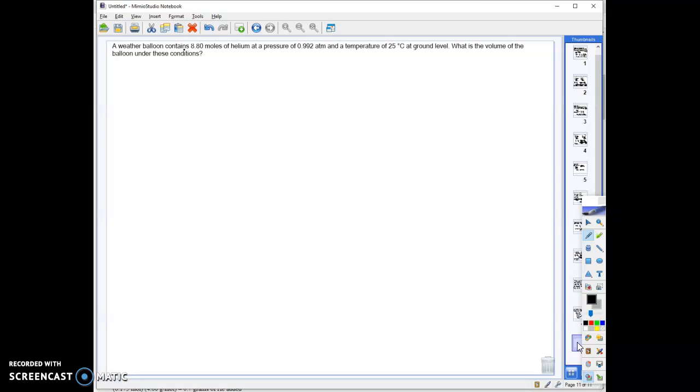So now we'll get to the problem that I read a while ago about our weather balloon. And so what I'm going to do is I'll just write down all of my variables here and my ideal gas constant, which I know is 0.0821 liter times atmosphere divided by mole times Kelvin. And I'll write down those others.